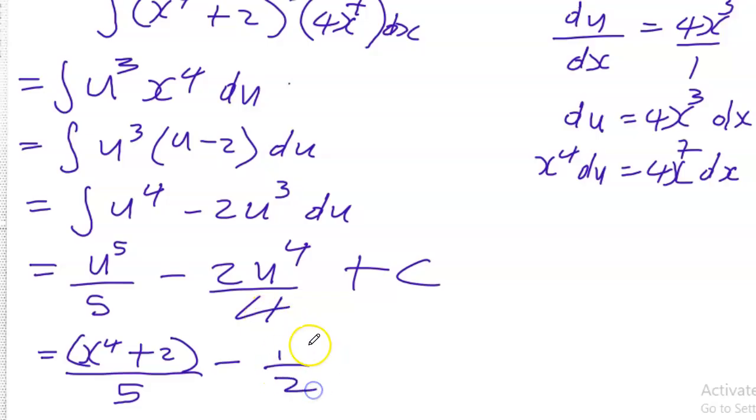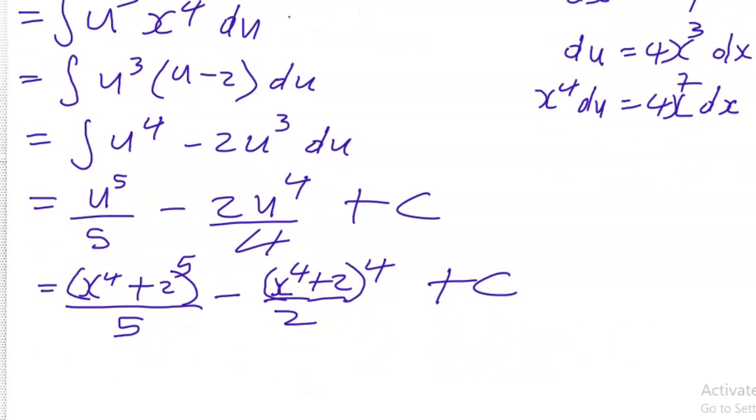So half, and then u to the power of 4. Remember, u was x to the power of 4 plus 2, so x to the power of 4 plus 2 to the power of 4, plus c. That would be our solution.